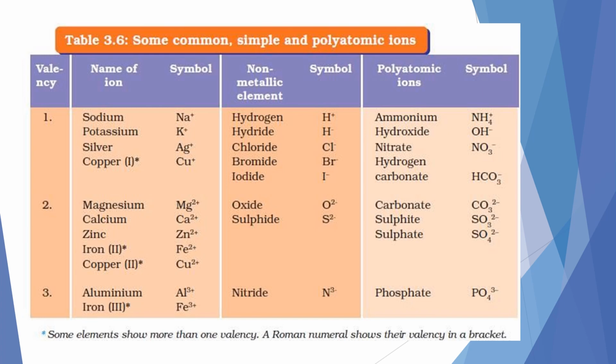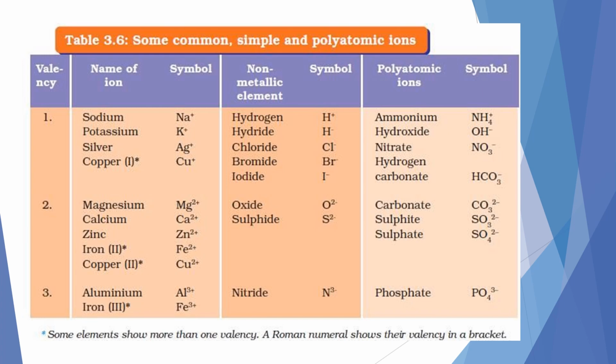So first one, ammonium ion, NH4 plus. How many elements are there? A nitrogen atom and 4 hydrogen atoms, and they combine, and it has a charge, positive charge, 1 positive. So valency is 1, NH4 plus.